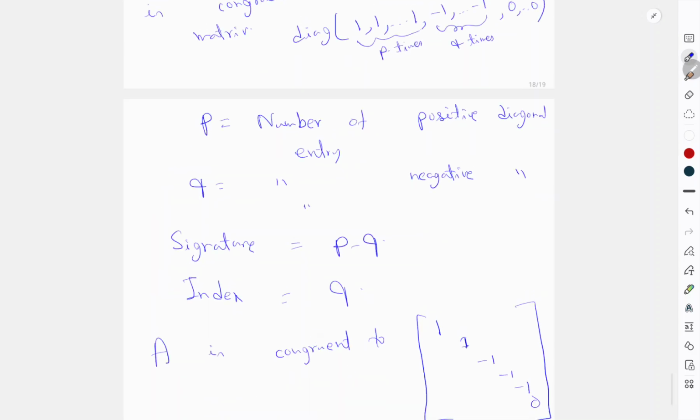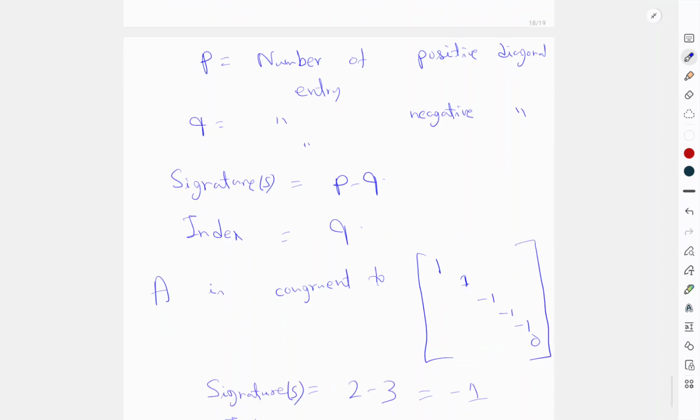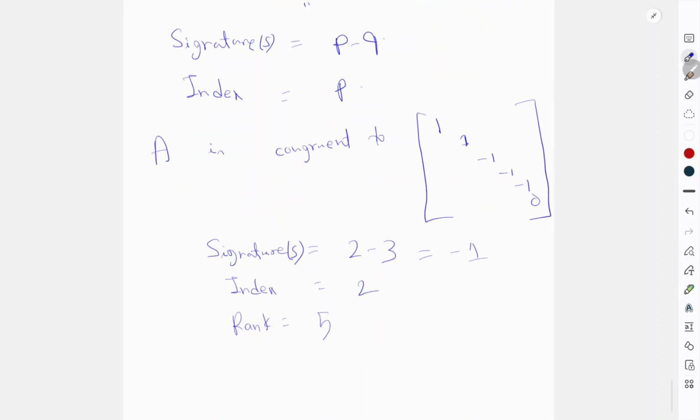Sorry, the index is actually the number of positive entries, so this is P. So the index will be 2 here. Okay, fine.